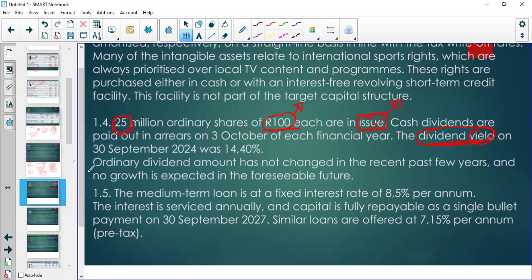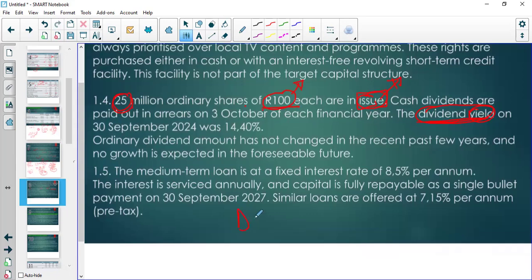So the dividend yield is going to be your dividend per share over your price per share. That's the dividend yield, and that's going to give us 14.4%. So the price per share is going to be equal to your dividend per share over the dividend yield.